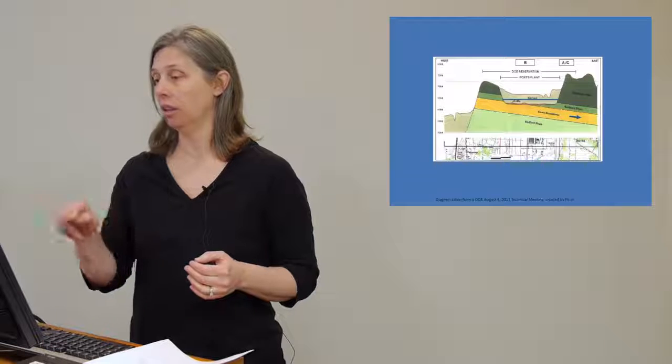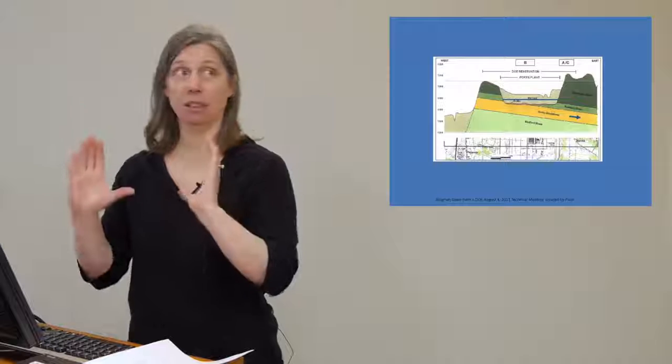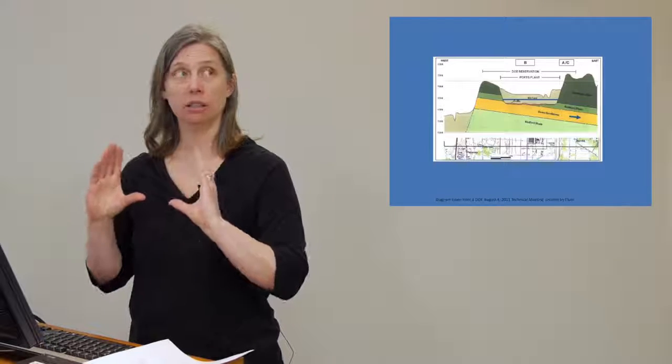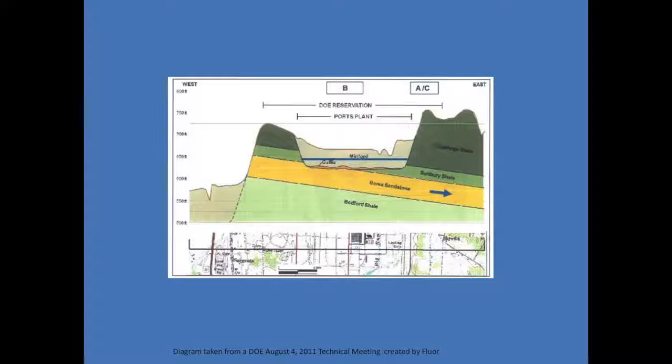That's our consolidated regional geology layers. And then you can see the basin there that's filled in with the lacustrine lake sediments from the old Portsmouth River channel. Now when you look at those layers in the middle, you can see they're much flatter than those consolidated layers that are surrounding it.